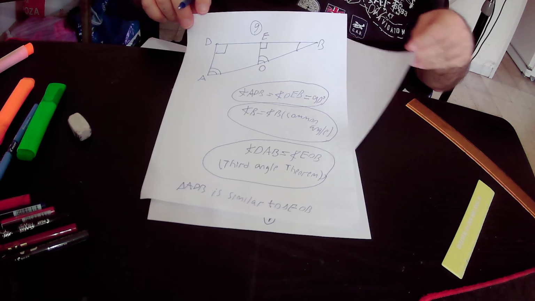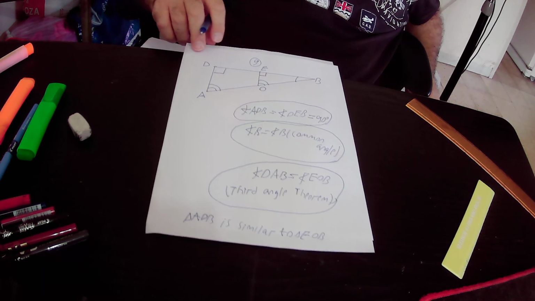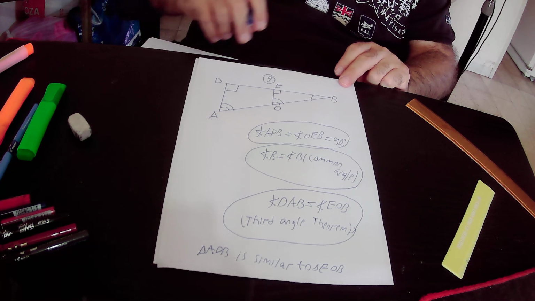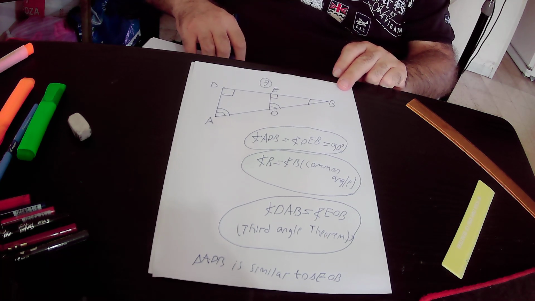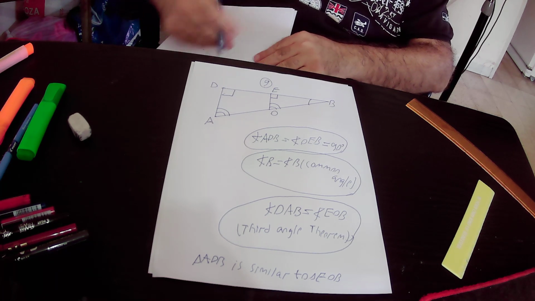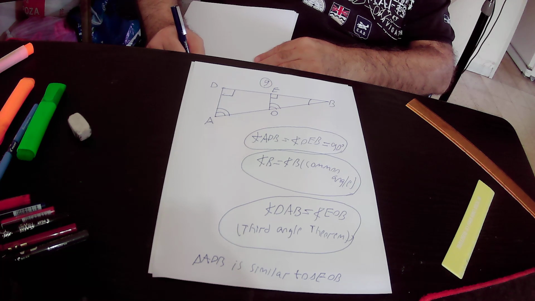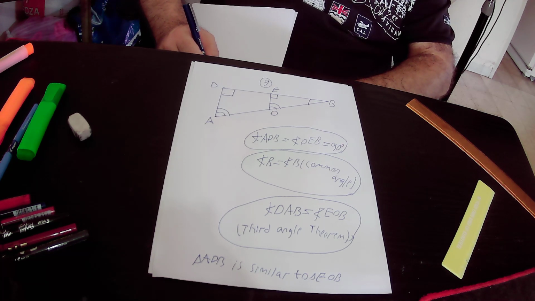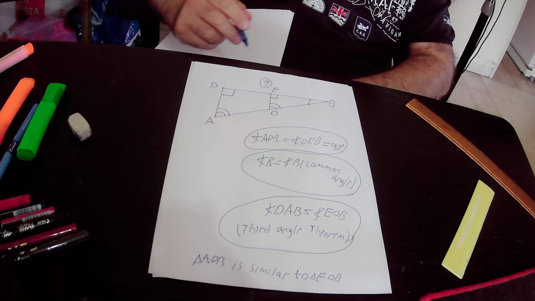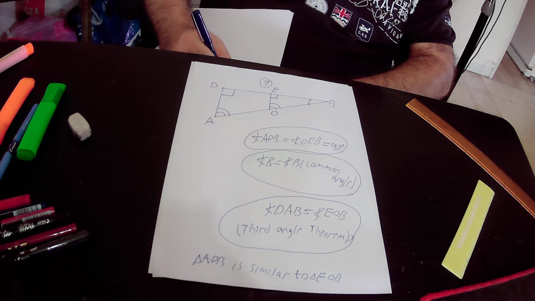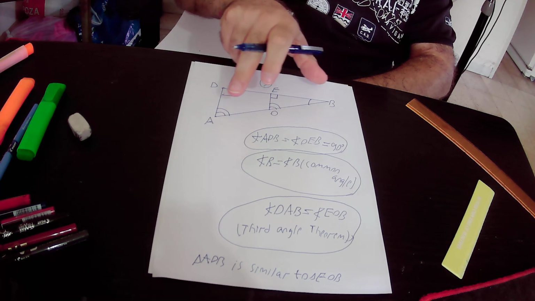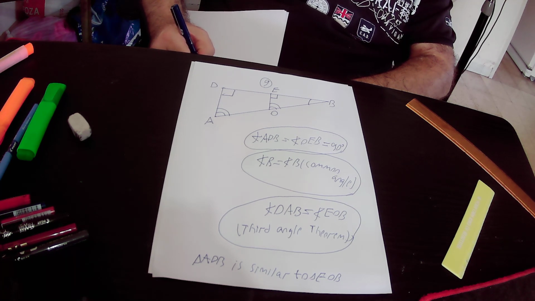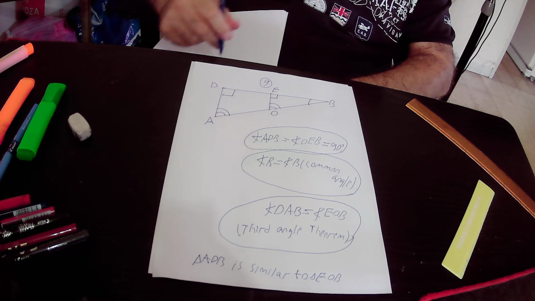Therefore, because of this similarity between those triangles, the following relationship exists between the sides of those two similar triangles: OB over AB, OB being the side of the small triangle over AB, the side of the big triangle, equals OE over AD.